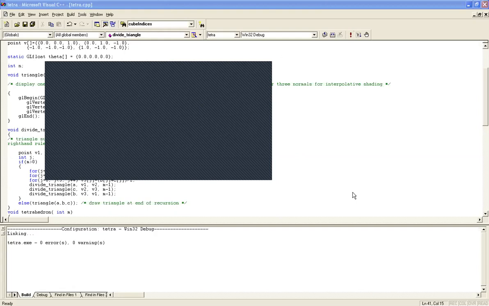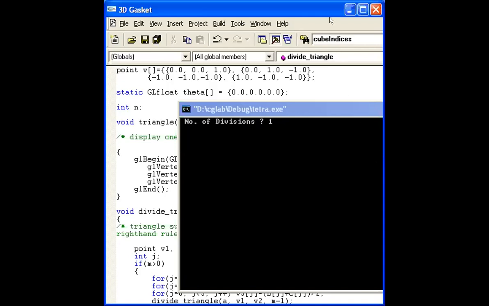New share. Where is my output screen? 3D gasket. Okay, people can see my output screen, 3D gasket 1. Okay, fine. Not a problem. If you open the command more than once, it is not compatible. Not a problem, the output is coming. I'm going to show you.